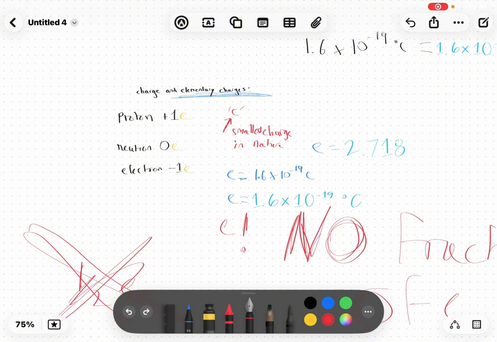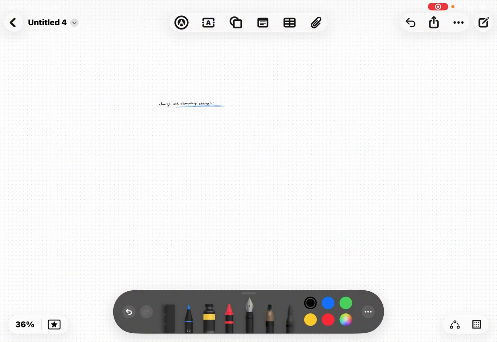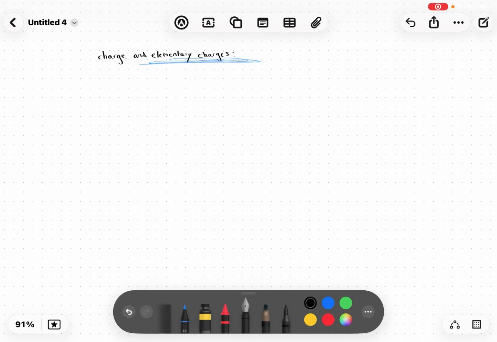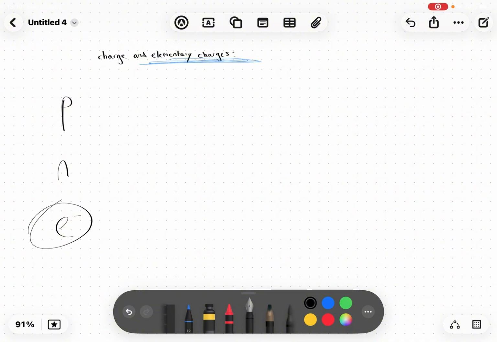If we take that information and go back to the proton, neutron, and electron, remember, don't confuse these two. This is an e, and the negative near this e makes it an electron.